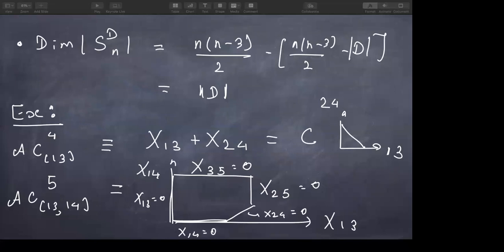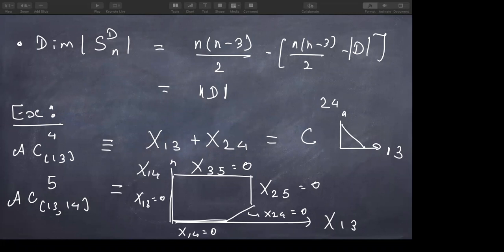Now you can immediately check that this will give you at least the right number of equations to give you a realization, because the number of equations that we have is basically equal to n(n-3)/2 minus d. It's some algebra, but you can immediately check that if you use these equations, whatever locus you get in the kinematic space has the dimension of the polytope.